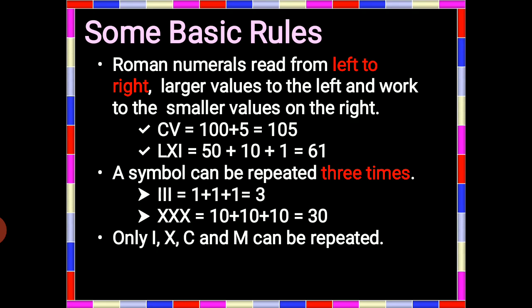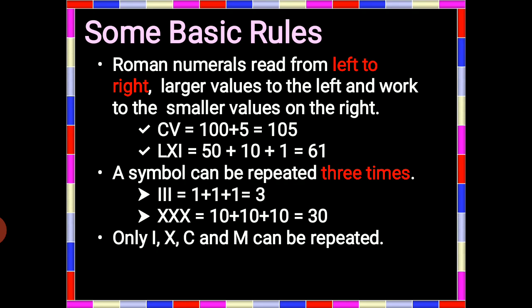Next rule is a symbol can be repeated at most 3 times. It means the maximum number of times a symbol can be repeated is 3. Here in the first example there is I, I and I. Now we know that I represents 1. So 1 plus 1 is 2 and plus 1 is 3.